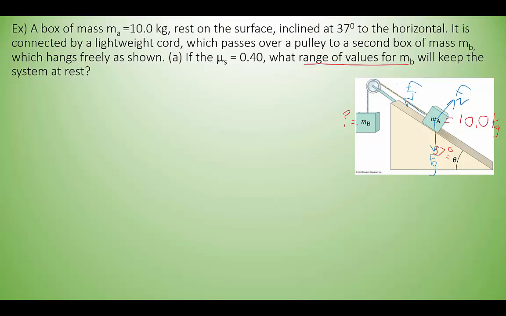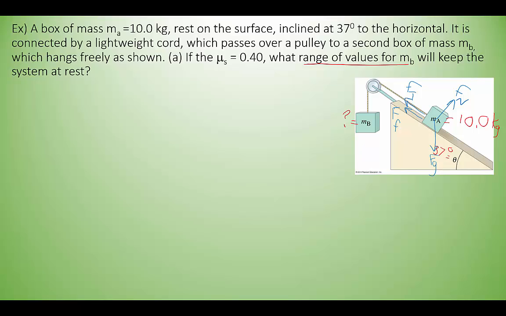Now, in this case, even though we are trying to have the MB keep the system at rest, if MB gets too big, the box is going to come up the hill. But until that point, the box is going to have a tendency to slide down the hill. So the force of friction, the last force on this, is in the same direction as the tension, even though that may seem a little bit backwards.